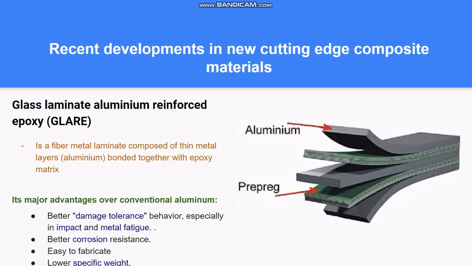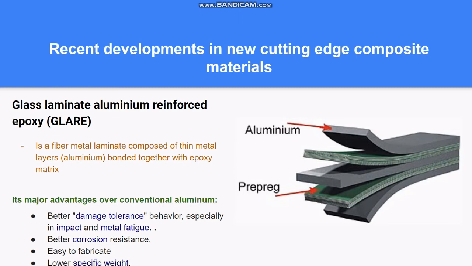The most common development that has been researched today is the glass laminate aluminum reinforced epoxy, also known as GLARE. GLARE is a fiber metal laminate composite of thin metal layers of aluminum which are bonded together using an epoxy matrix.